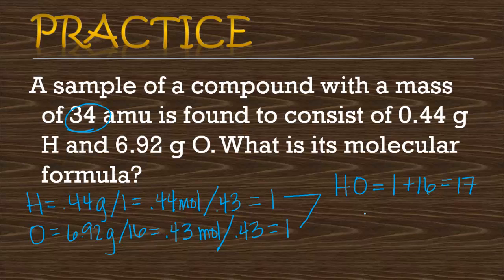So your larger number always has to go on top. So I have to take 34 divided by 17, and I get 2. Multiplying that by my empirical formula, and my final molecular formula is going to be H2O2.